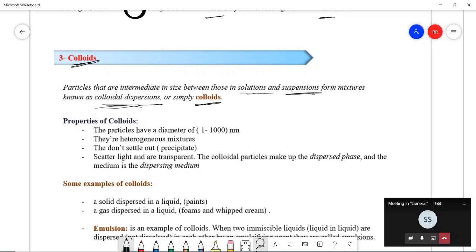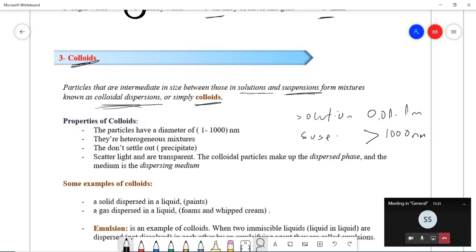They have some properties of solutions and also some properties of suspensions. Let's look at the properties. For solutions, you remember, the particles were between 0.01 and 1 nanometer, while suspensions were bigger than 1000 nanometers.